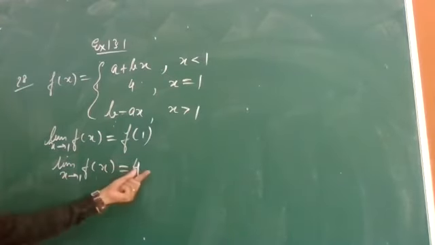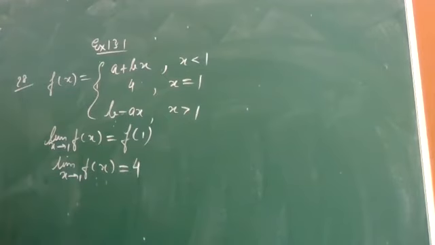Limit x tends to 1 of f(x) equal to 4. What does this mean? X is not 4; the value of the function is 4 when we put x equal to 1, so we get the result 4. Okay? What do we get in mind? Limit x tends to 1 of f(x) equal to 4. It is a very simple thing, no need to think too much. Think simple.